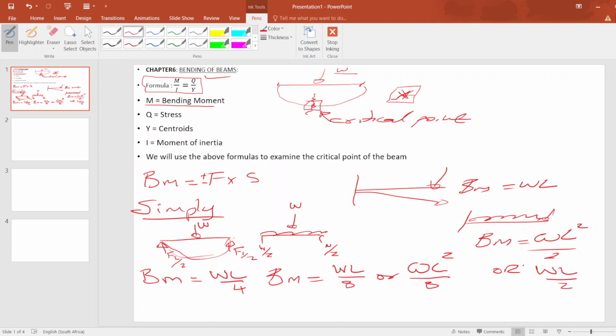Now, this is the formula that we'll be using in calculating the bending moment.